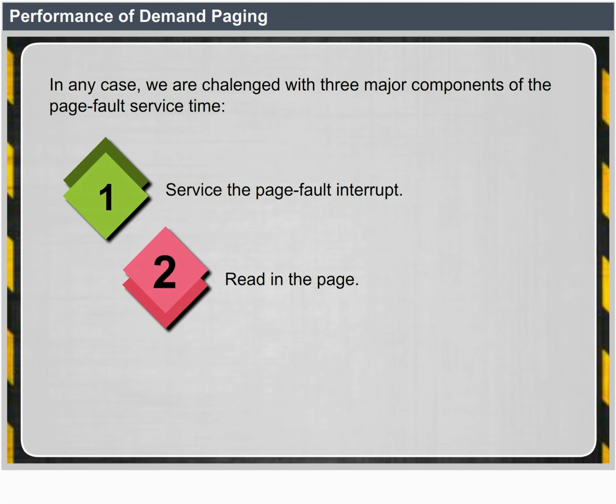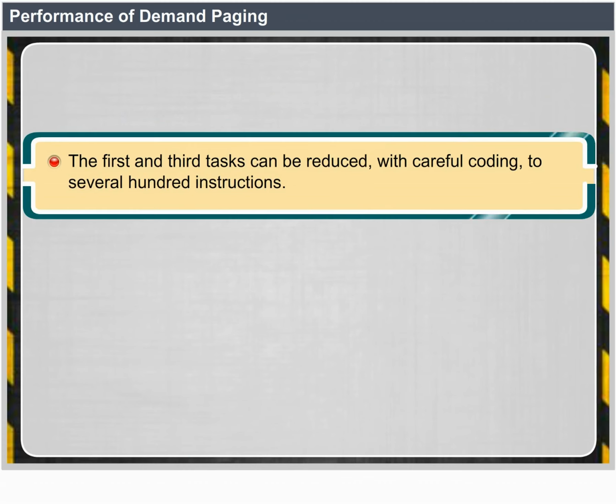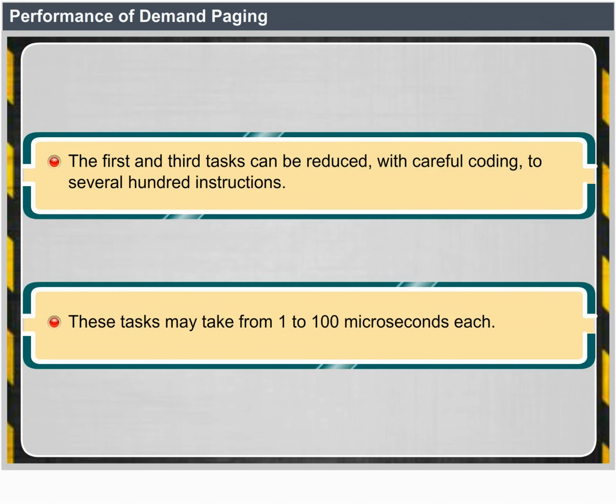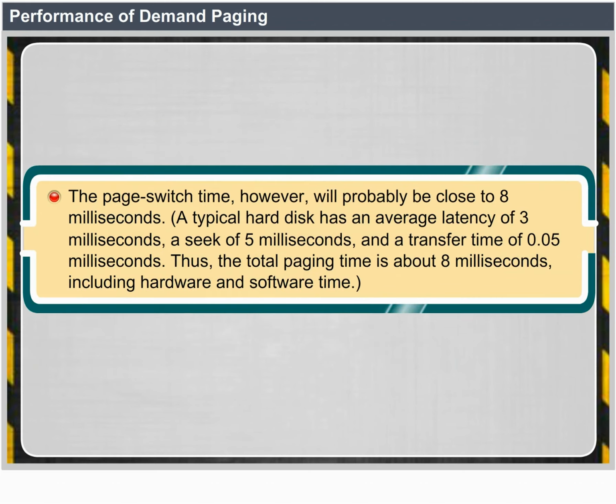The first and third tasks can be reduced with careful coding to several hundred instructions. These tasks may take from 1 to 100 microseconds each. The page switch time, however, will probably be close to 8 milliseconds. A typical hard disk has an average latency of 3 milliseconds, a seek of 5 milliseconds, and a transfer time of 0.05 milliseconds.